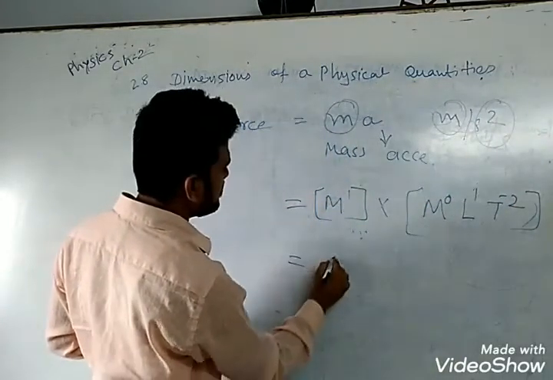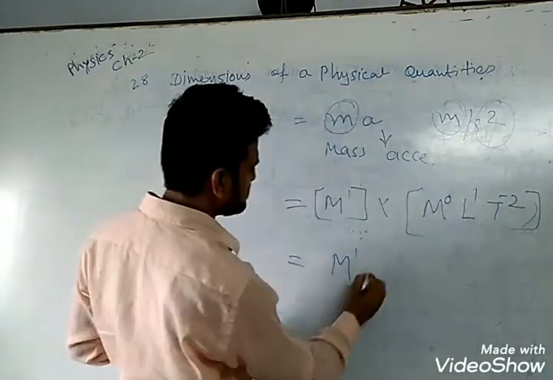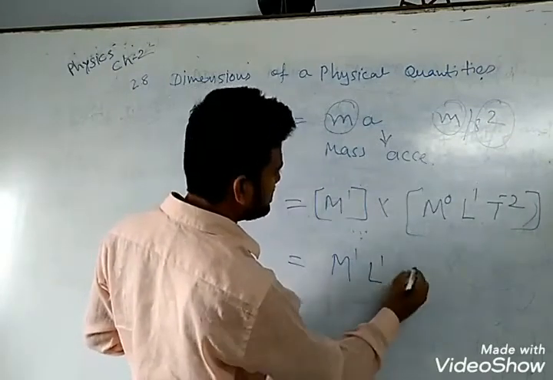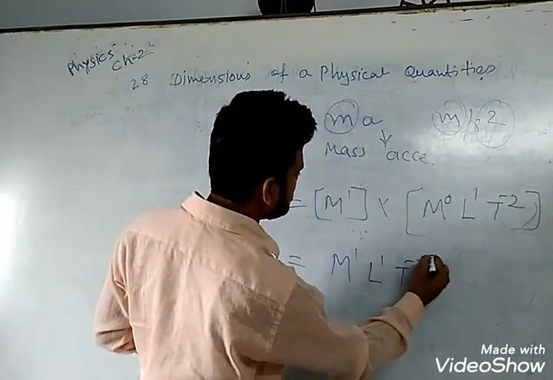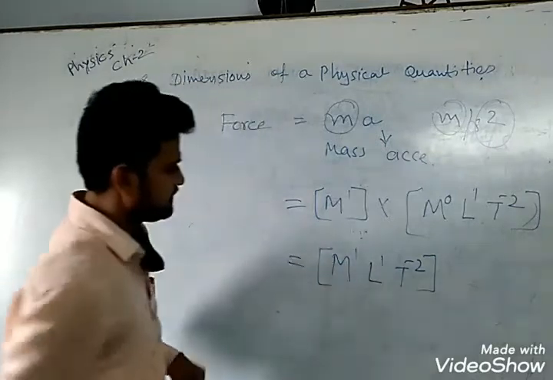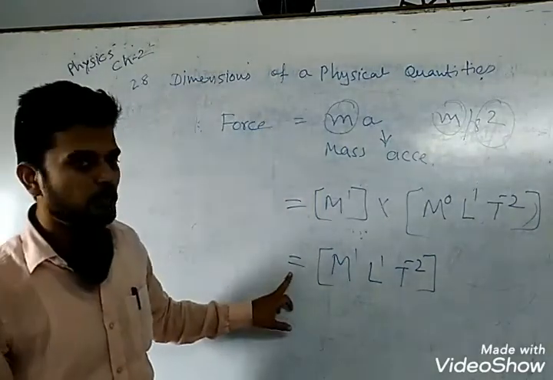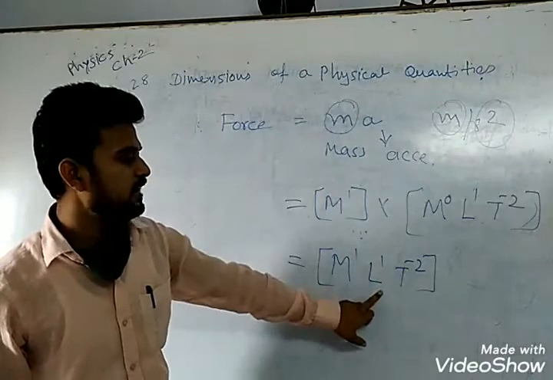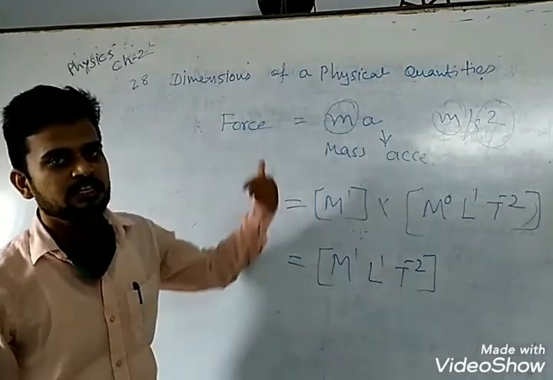So force is equal to m1 L1 T minus 2. Dimensional formula of force is m1 L1 T minus 2, same for energy.